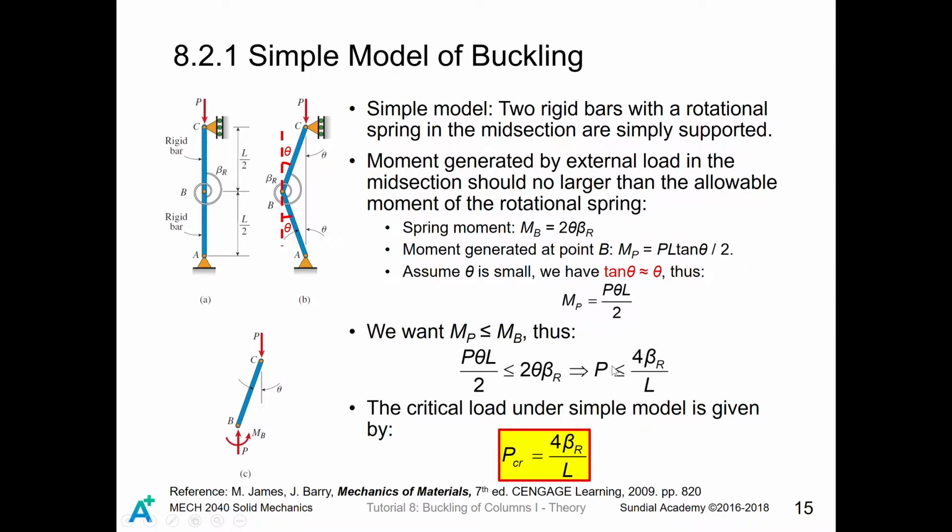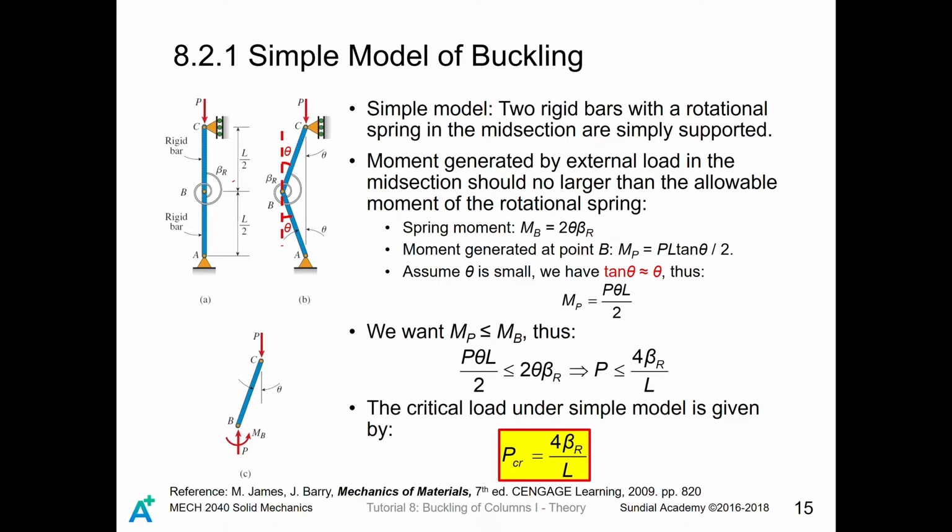So the first thing is the simple model of buckling. It is like two rigid bars supported by a rotational spring of constant beta r. Once the column is bent, the angle of rotation in the middle is 2 theta.